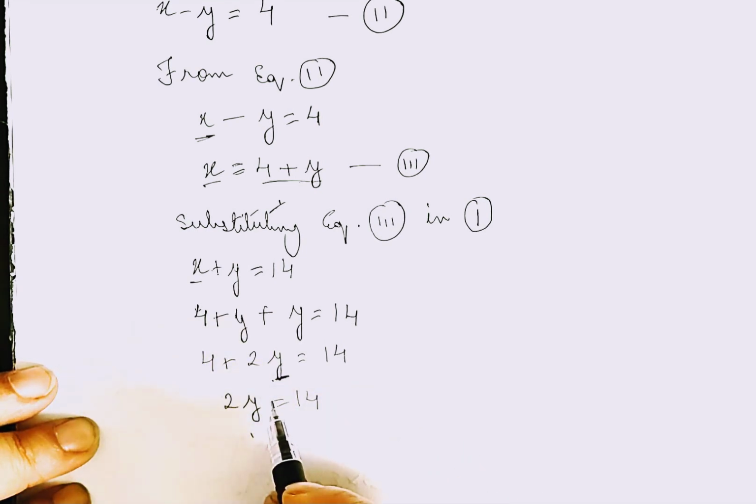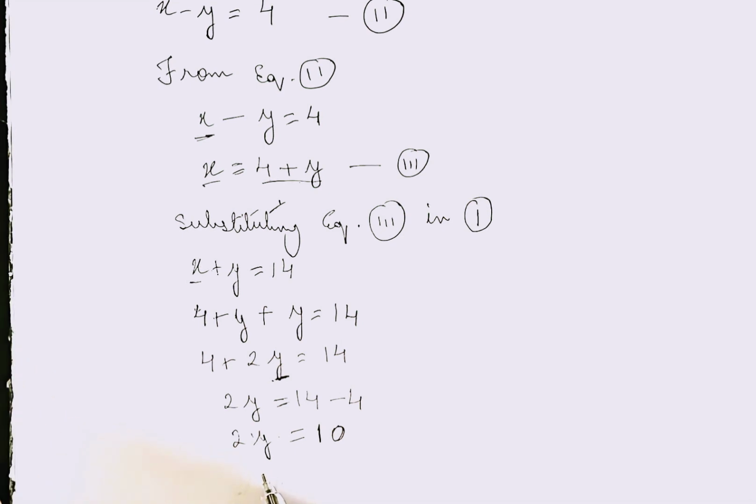This 4 you are bringing to the right side of the equal, so it becomes minus 4, that is 2y is equal to 14 minus 4, which is 10. Now you have to find the value of y, so you have to take out this 2.